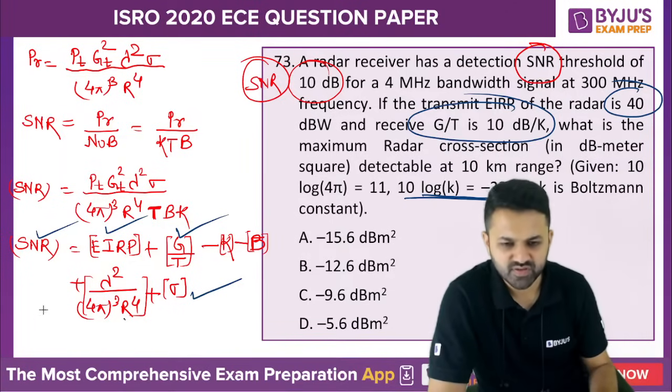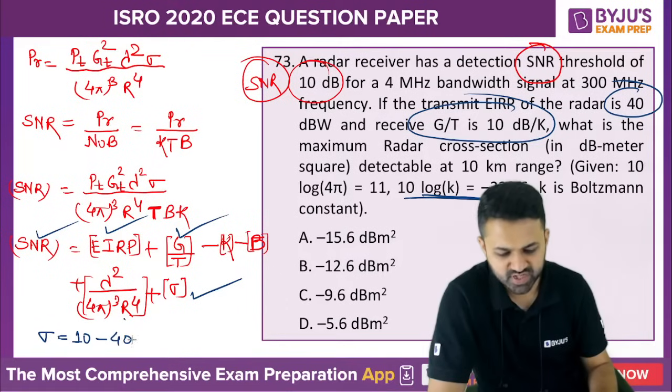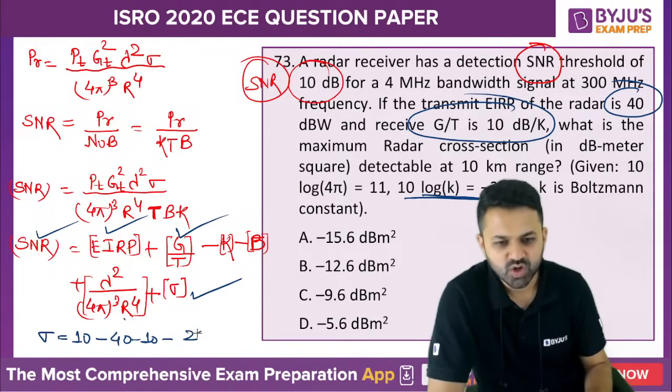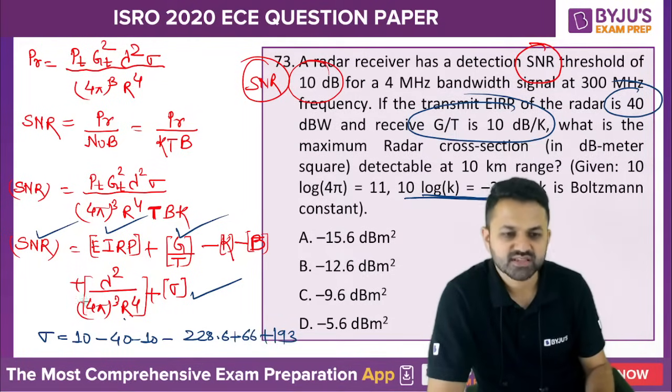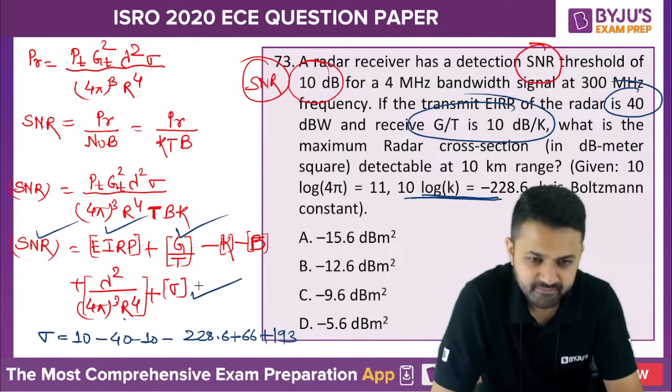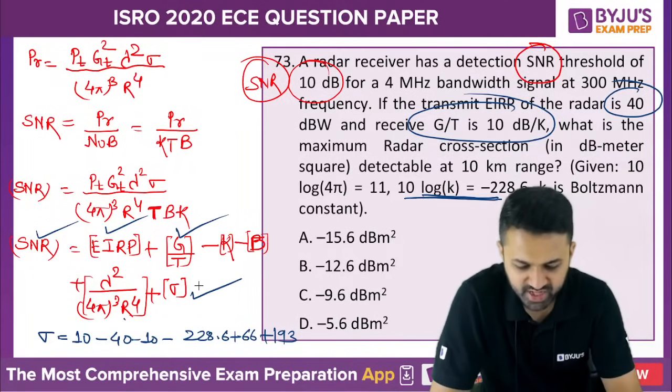So when you solve it, you will get sigma is equal to 10 minus 40 minus 10 minus 228.6 plus 66 plus 193. For this lambda square upon 4 pi R to the power 4, you will get 193 with the minus sign. Sigma we want to calculate, and the rest of the things are given.